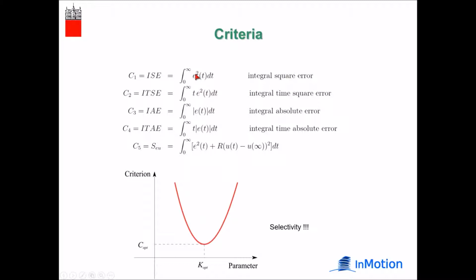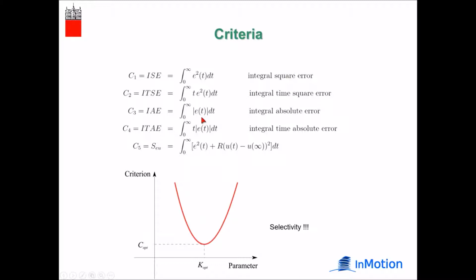Sometimes we used square of the error, sometimes we used multiplication by t. T is the independent variable. Sometimes we use absolute values of the error signal. The squaring and absolute value is needed especially when the error signal is oscillating in the transient response.